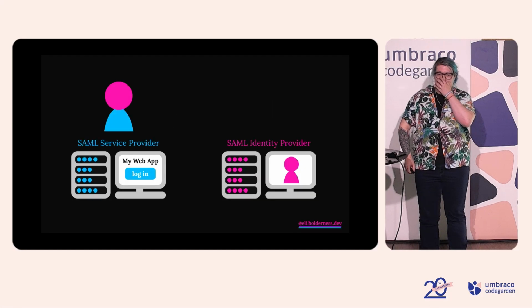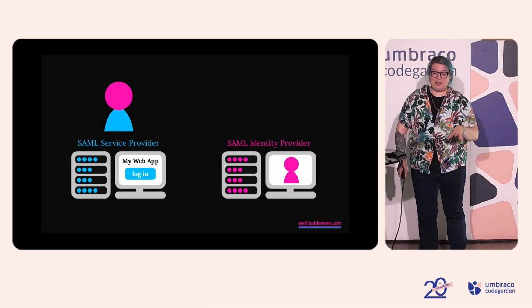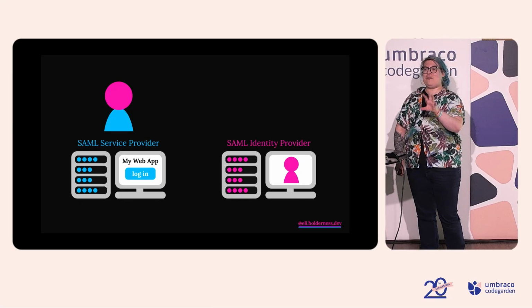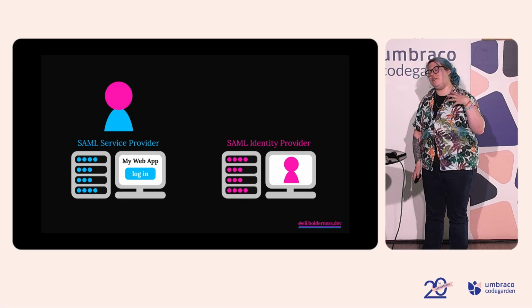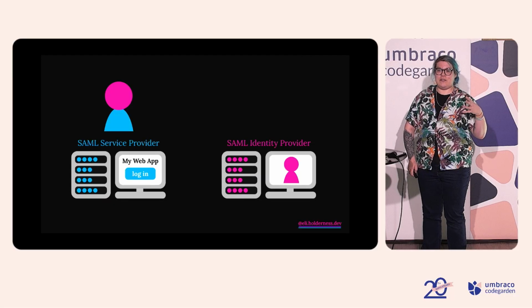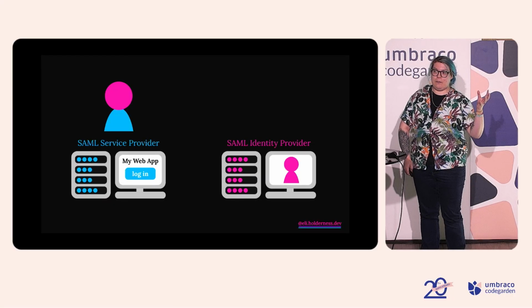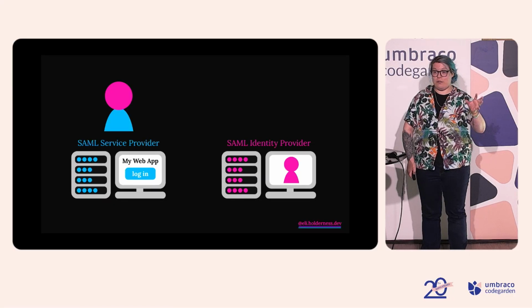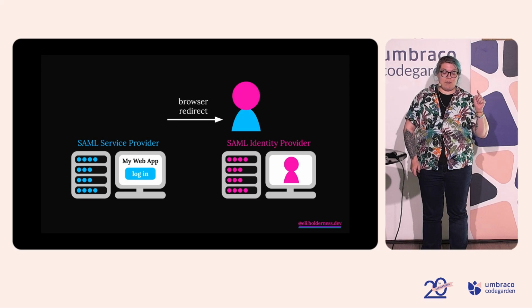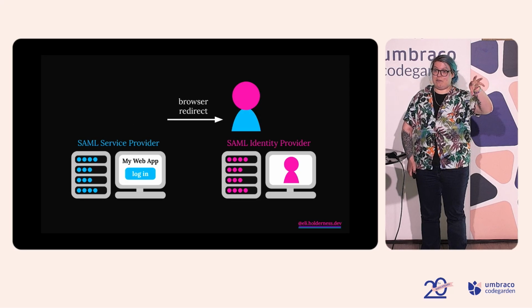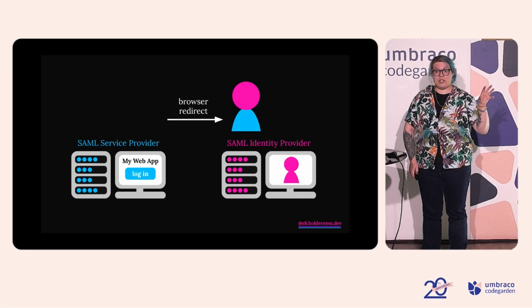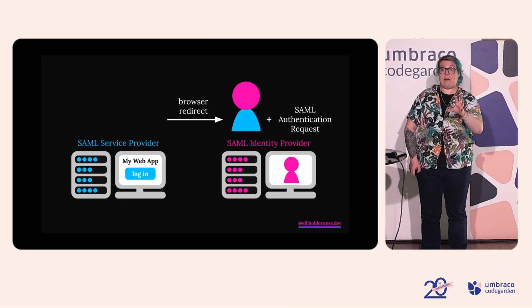So SAML, the way that it works, and there are some cool aspects of it, but you'll see why I said I'm so sorry. So if I'm somebody who's trying to log in to a service that uses SAML as its single sign-on mechanism, what happens is I go there, and I say I'd like to log in. And then in my browser, I am redirected to whatever identity provider they're using. And alongside this redirection, I am given some XML to carry with me, some SAML, right?